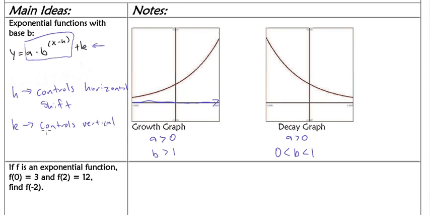Vertical shift, like moving it up or down, which by moving it up or down controls your horizontal asymptotes.